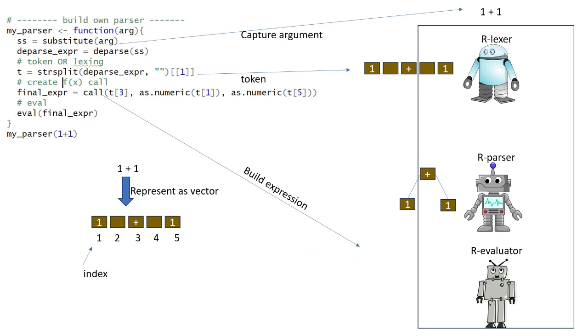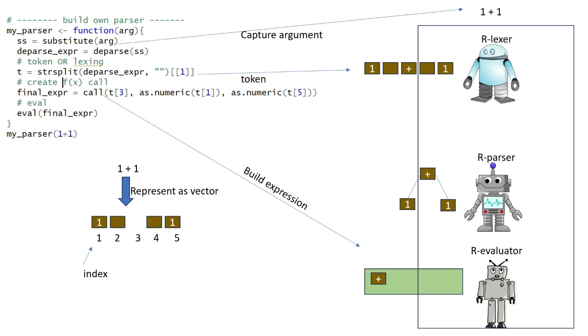Okay. So you can think of the parse tree as a vector. Okay. So first I am capturing the element at index 3. So now it will become this. Okay. After that, see the call function here. After that, I wrote as.numeric of t, square bracket 1.